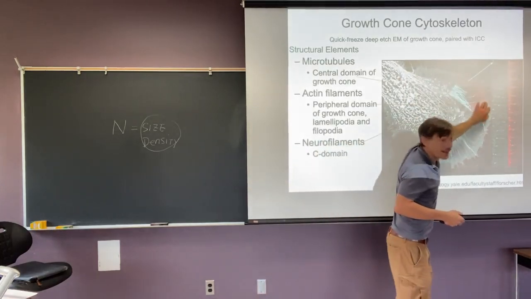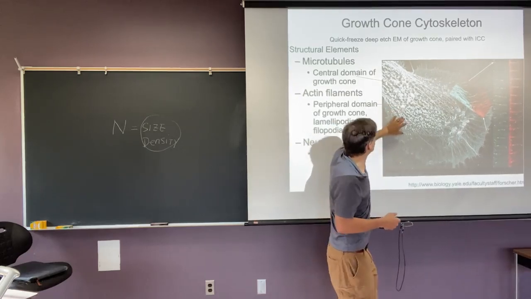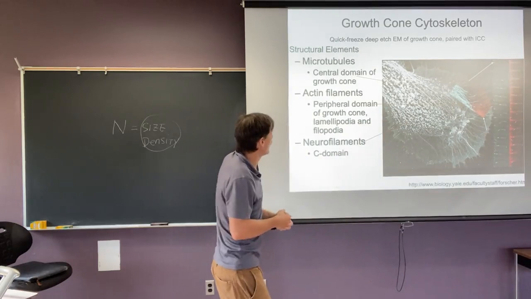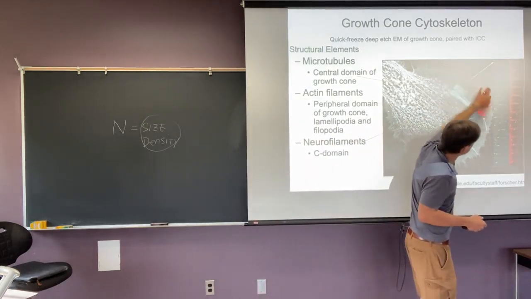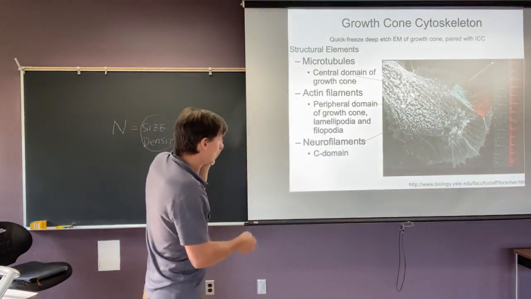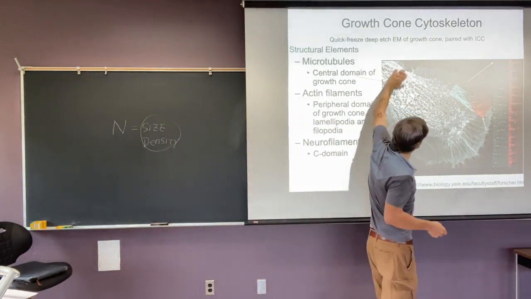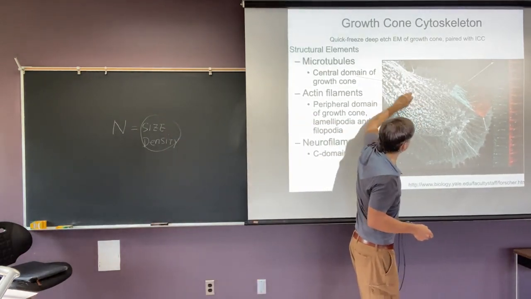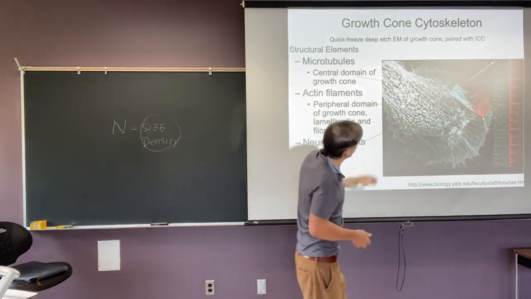This would be the leading edge of the cell, and we would call this the peripheral domain of the growth cone. So it's out on the edge, and the plasma membrane would be found right here. So if we look at the center here, you can see there's lots of little bright spots. Those could be organelles or whatnot.